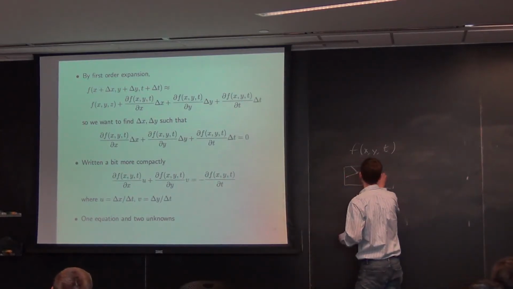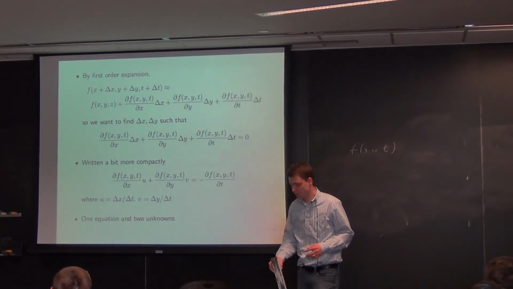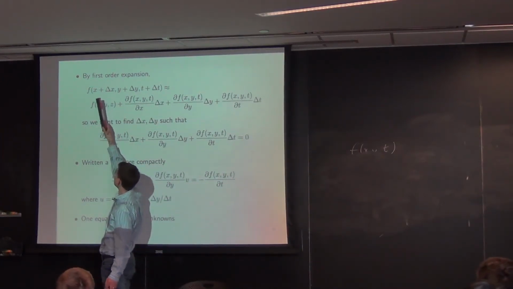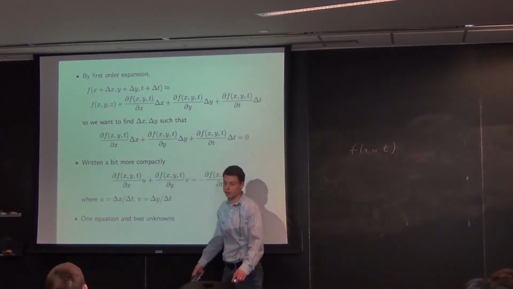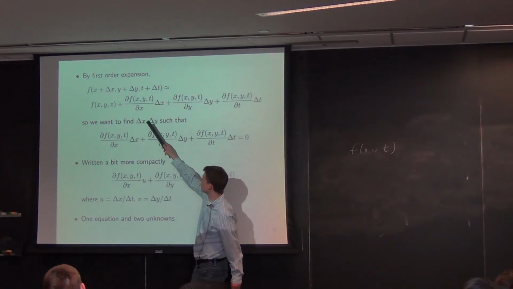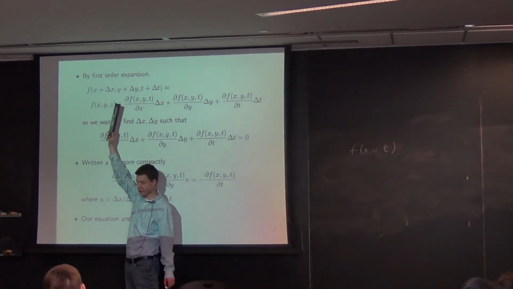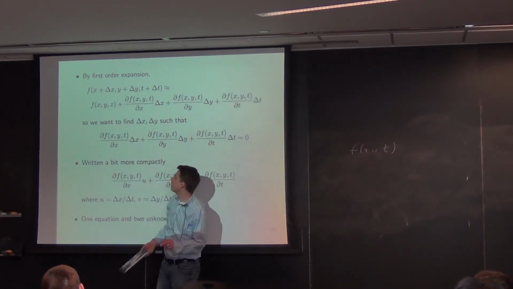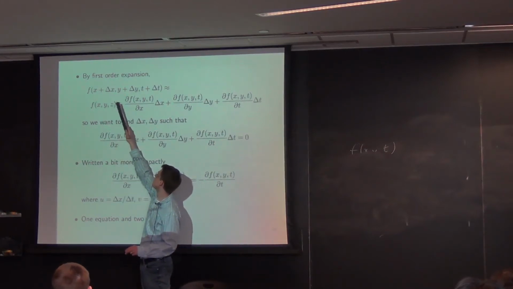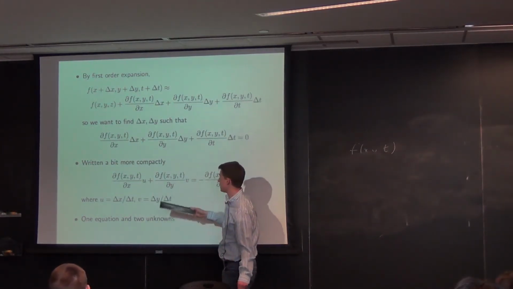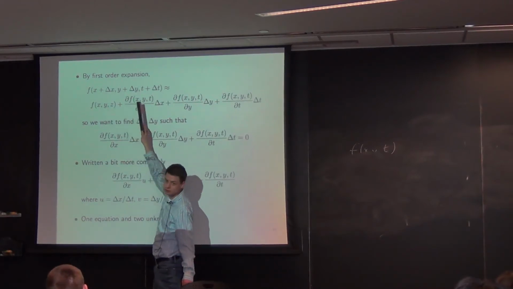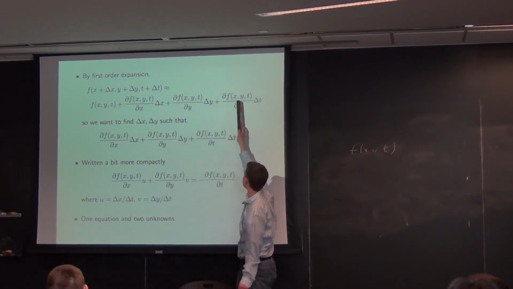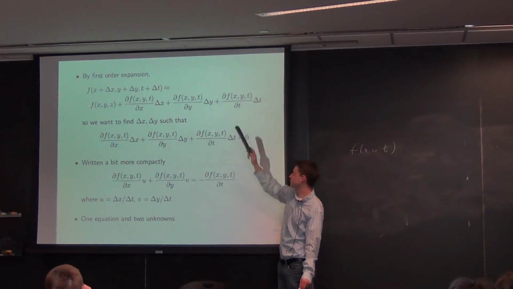Again, I won't write all this on the board this time, but I'm trying to point out the main points. The first thing we're going to do is again take the Taylor expansion of this series. We're going to say that this displacement, now in both x and y and in time, where again the units of delta t are not really relevant here, is approximately equal to the original function plus the image gradient with respect to x times delta x, plus the gradient with respect to y times delta y, plus the image gradient with respect to t times delta t.